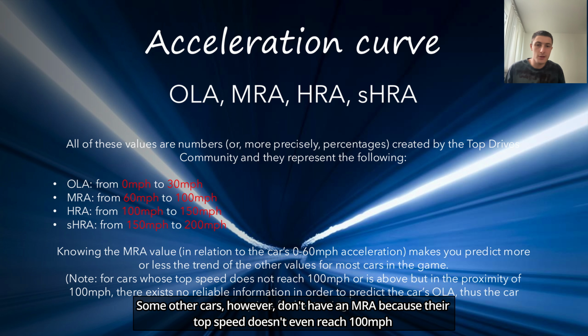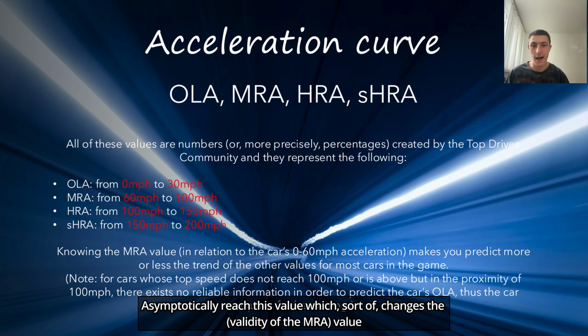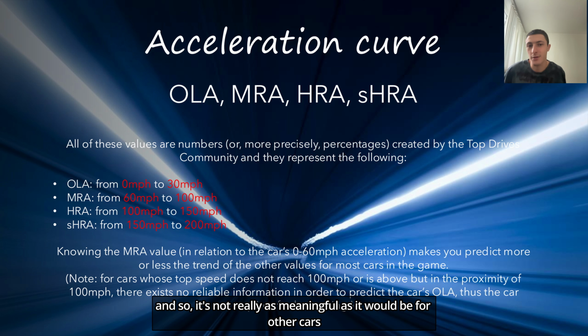curve. Some other cars, however, don't have an MRA because their top speed doesn't even reach 100 miles per hour, or their top speed is just above 100 miles per hour, and their acceleration curve may sort of asymptotically reach this value, which changes the value, so it's not really as meaningful as it would be for other cars.